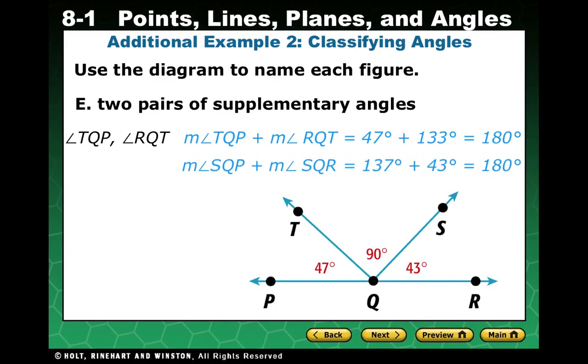Called adjacent angles. TQS and SQR are adjacent. They share one side. Okay, so we could go the other way as well. We could say 2 supplementary angles are SQR and SQP.